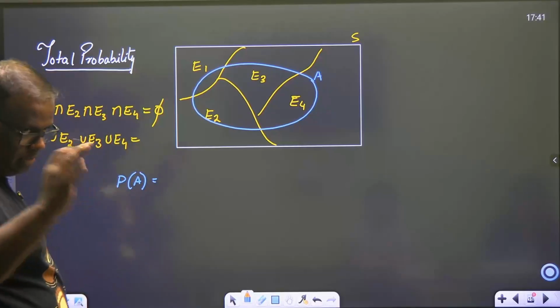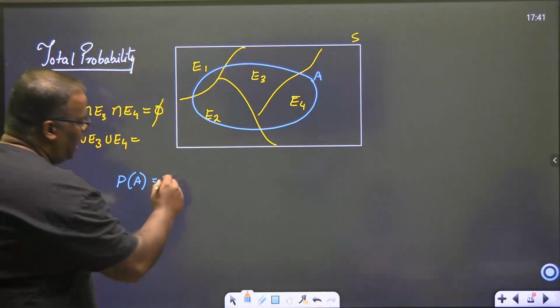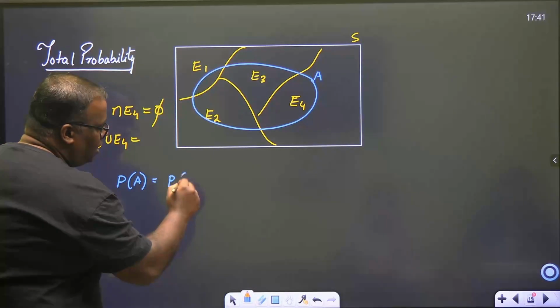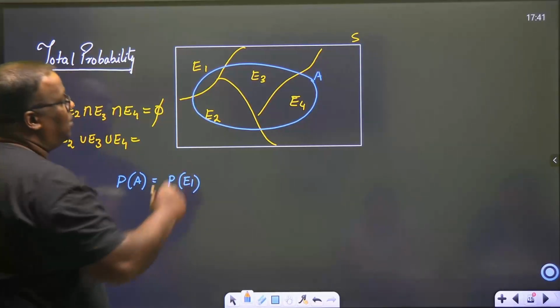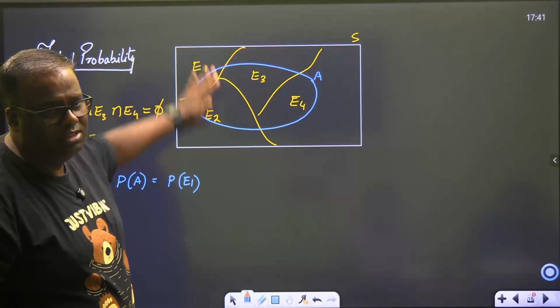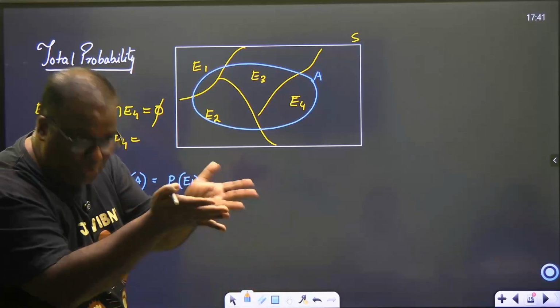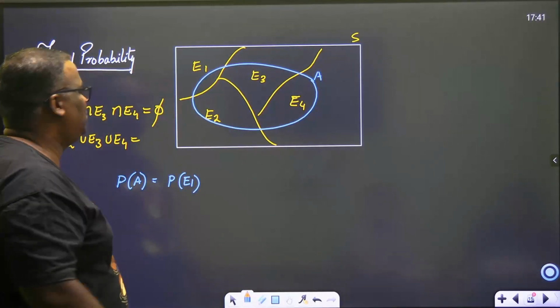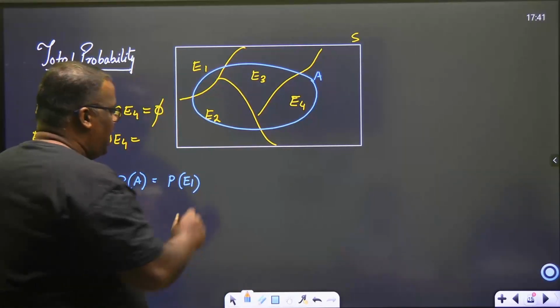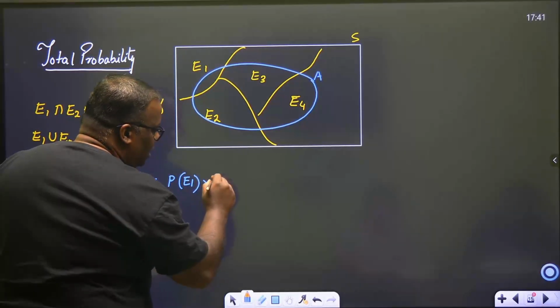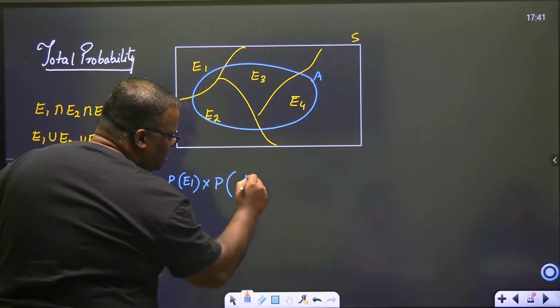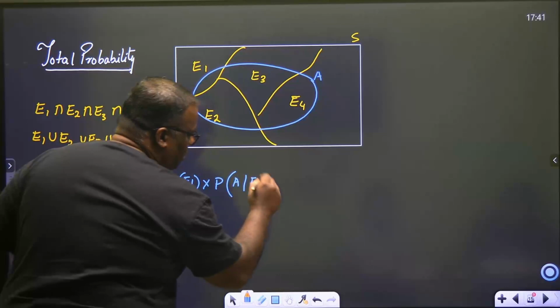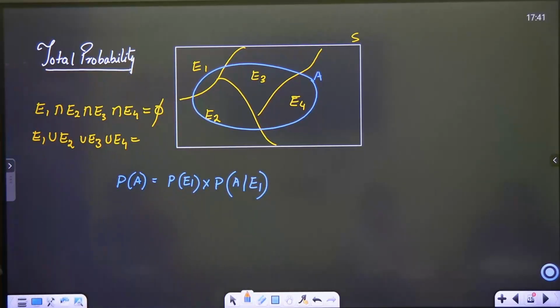I will say it like this: probability of happening of E1. First E1 should happen, that box should be selected which contains the red ball. Probability of selecting E1, and now that E1 has been selected, what is the probability of selecting A?